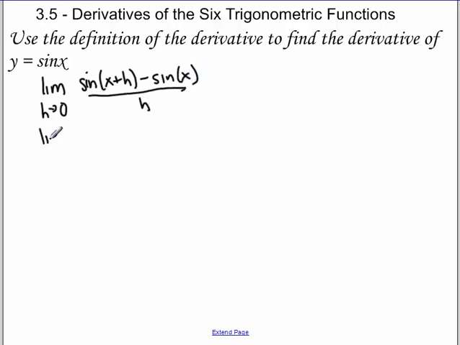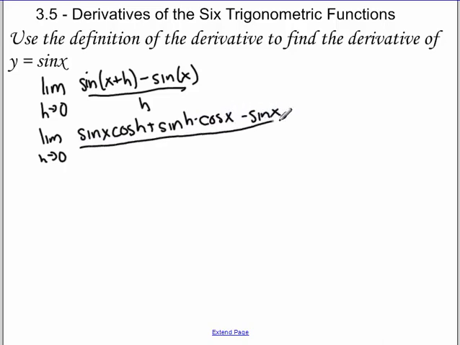Now you have to remember your sum and difference identities. So then we have sine of h times cosine x minus sine of x all over h. Now what I'm going to do is group together this term and this term and factor out a sine.